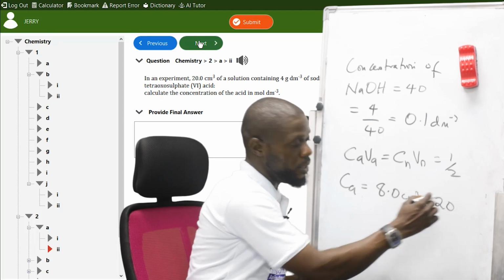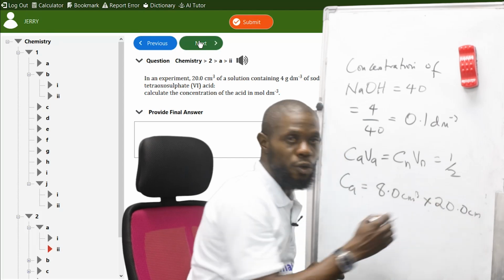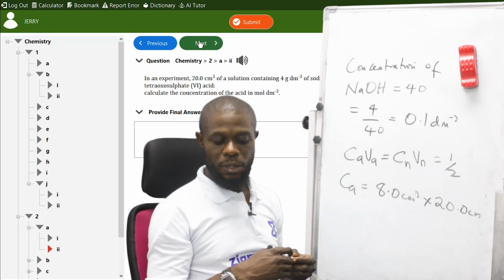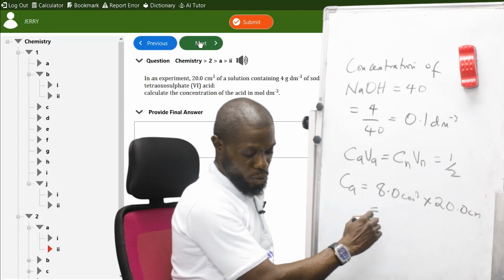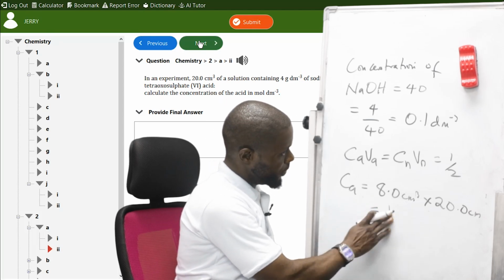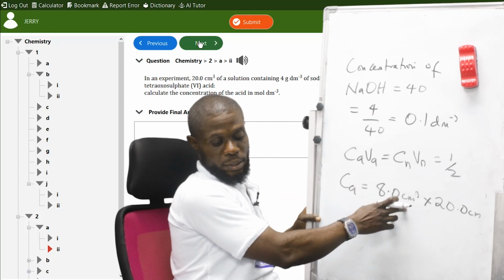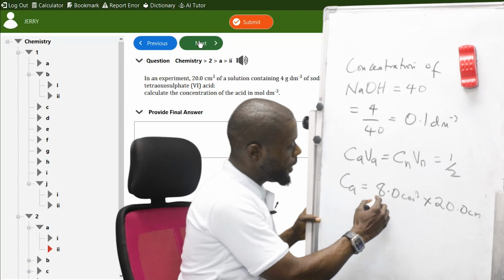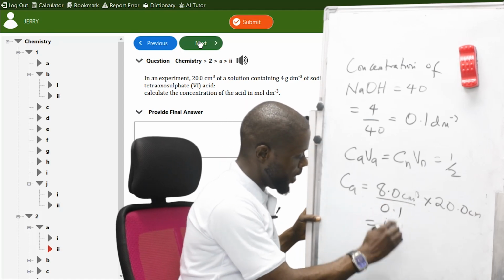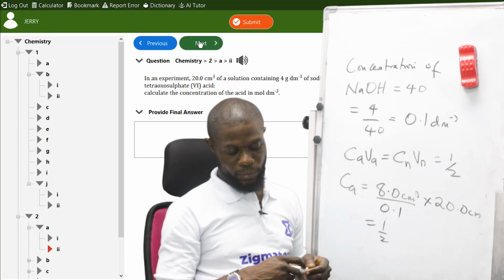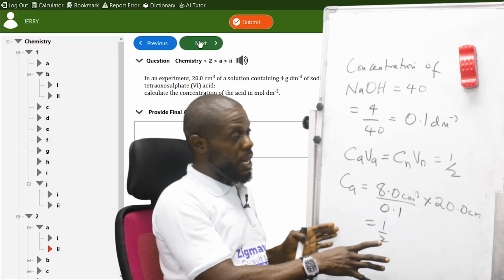Times 20.0 cm³, that's the base. Equals half.